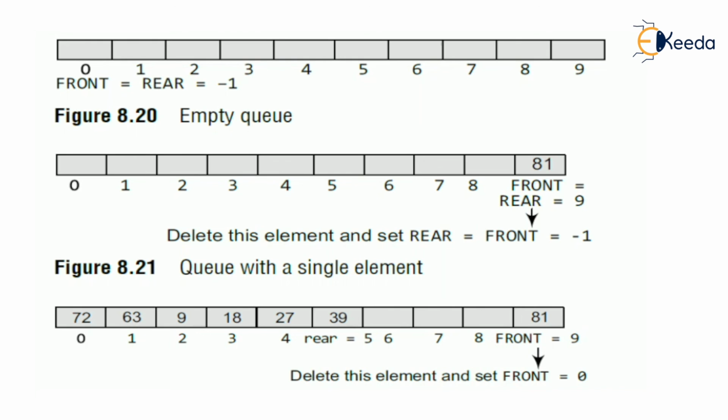So in such a manner, we are utilizing the space in the case of circular queue. So this is all about the circular queue. In this topic, we discussed what a circular queue is and what the different conditions are that we use to utilize the vacant space.